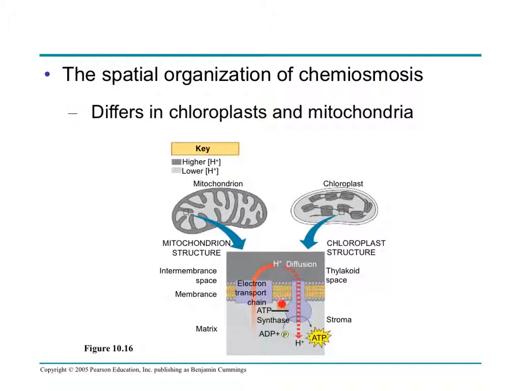But we have the similarity of both our electron transport chains, where we have a high concentration of hydrogen ions, and those hydrogen ions or protons are falling down their concentration gradient through the enzyme ATP synthase, which is generating ATP.